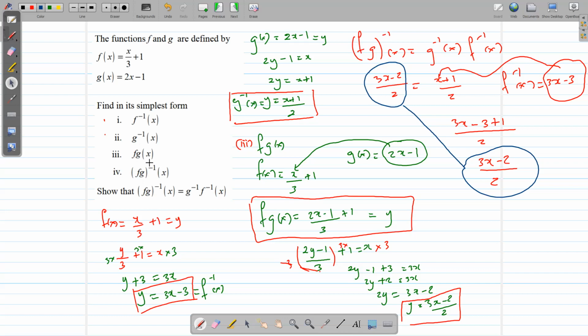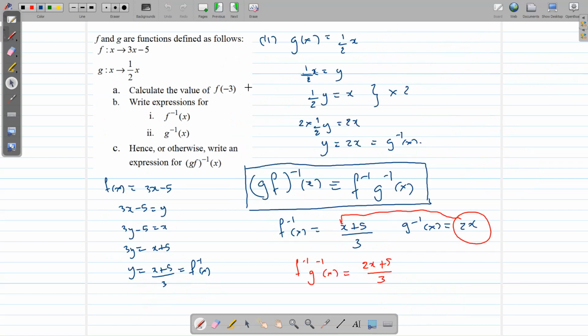If you already have those inverses, you don't have to go to the trouble of working it out that way. You can drop the f inverse into the g inverse, but notice here in the bracket that it says f then g. So when you're working it out that way, you have to turn it around and say g then f. So you're going to drop f inverse into g inverse. Let's go back to the question earlier.